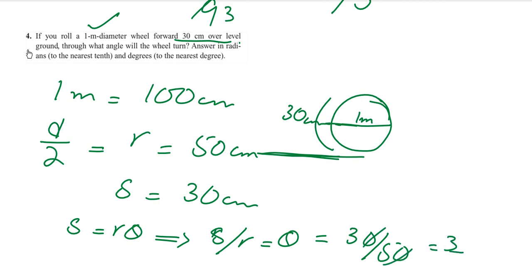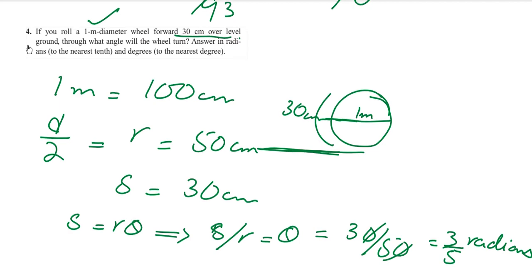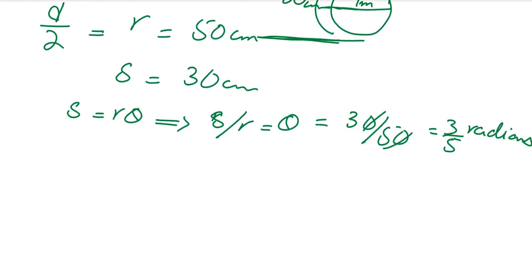Three over 5 is the angle in radians. Now we have to convert 3 over 5 radians into degrees. We know that pi radians is equal to 180 degrees, and 1 radian will be equal to 180 over pi.